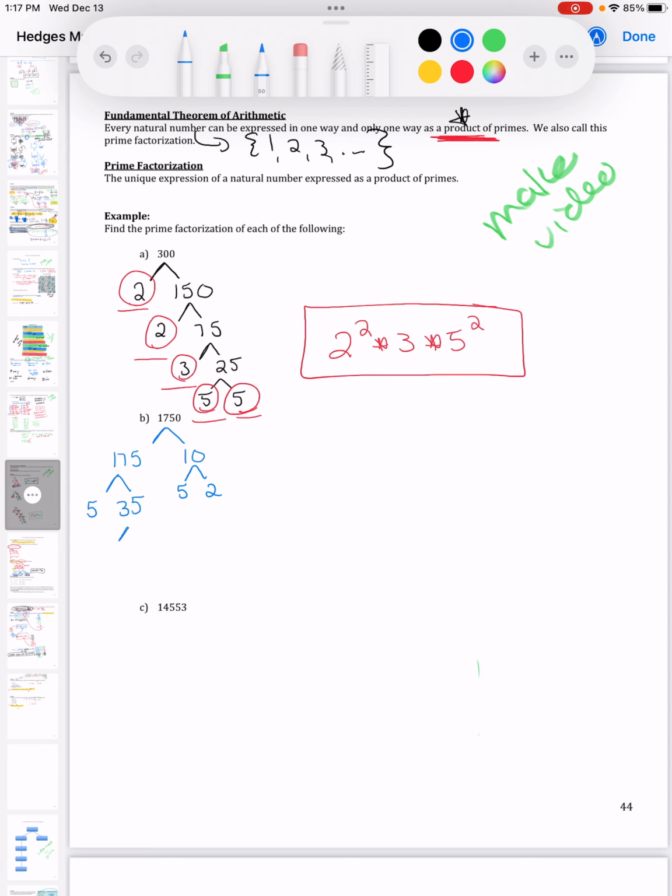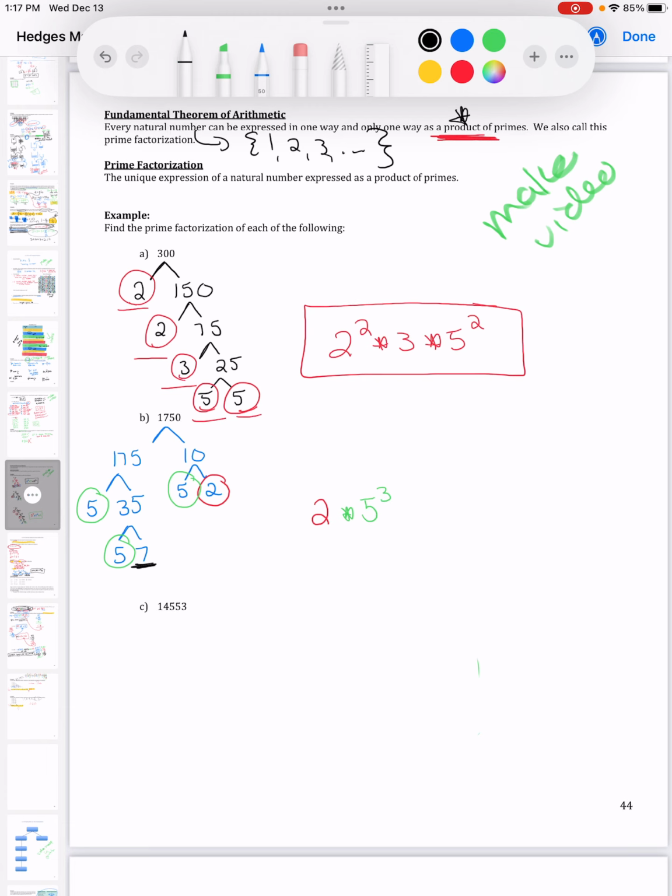And then 35 is 5 times 7. So let's see, I've got a 2. I've got 1, 2, 3 5's, so that's 5 cubed. And I've got this 7 right here. And again, I could type that in my calculator and I'm going to get 1,750. And the order of the multiplication does not matter. So if you have 2 times 7 times 5 cubed, that is also correct.